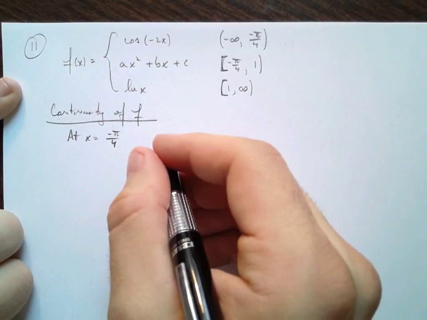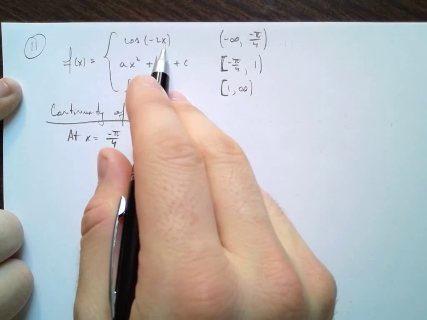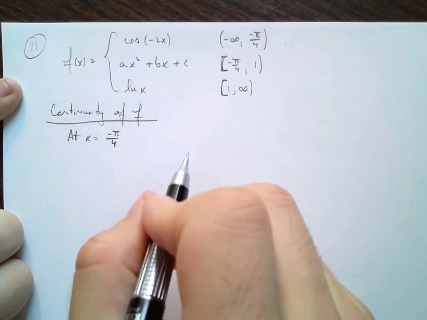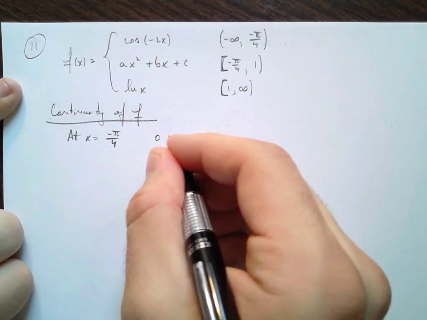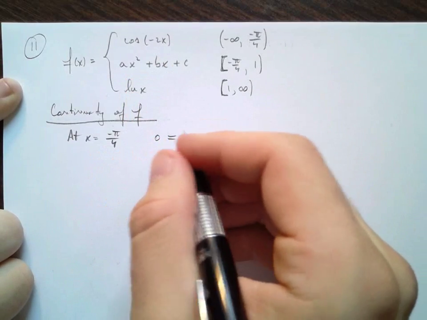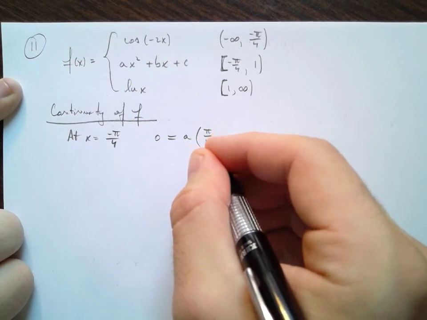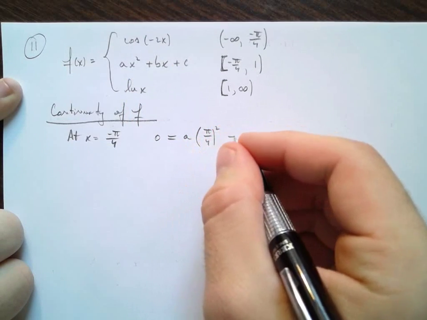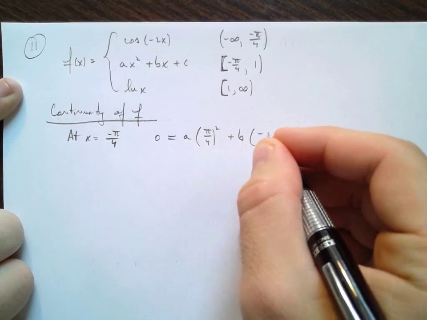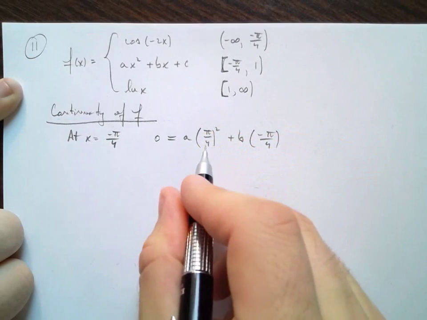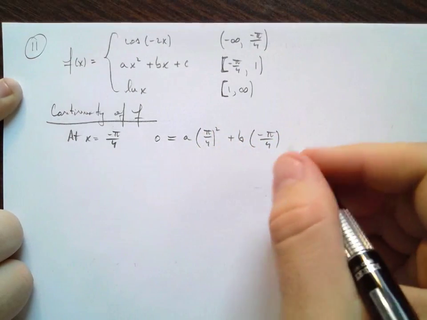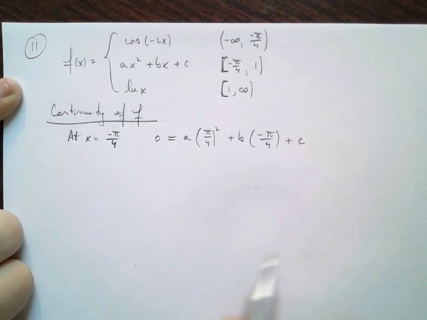So I have cosine of positive pi over 2, well, that's 0, should be equal to a times the quantity pi over 4 squared plus b times the quantity minus pi over 4. Here I dropped the minus sign because it's squared anyways, plus c.